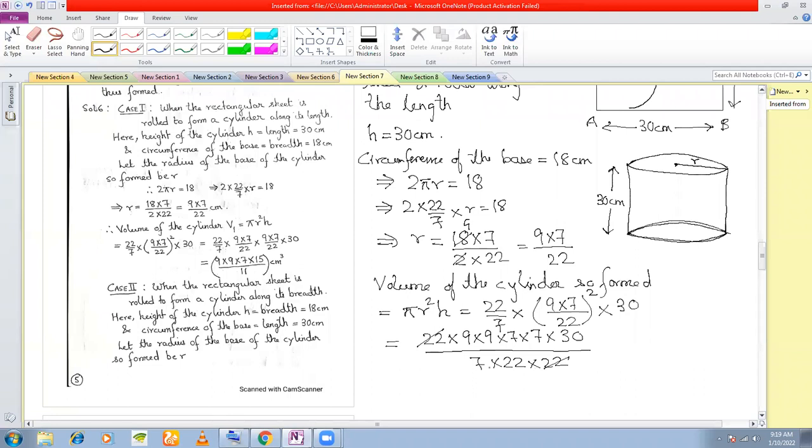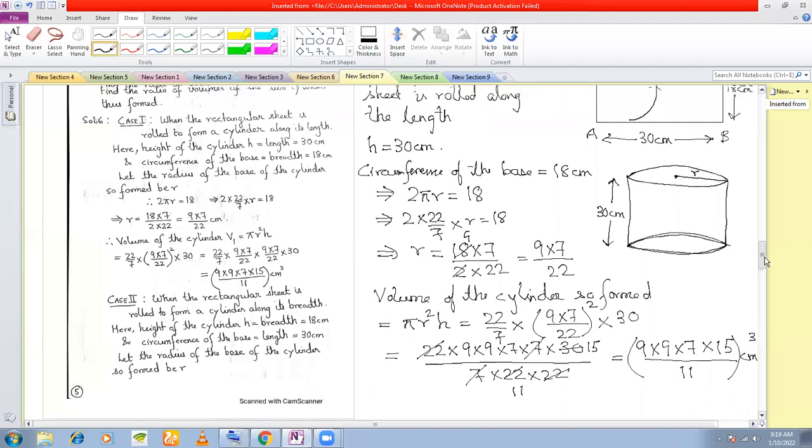You can cancel this 22, and you can also cancel this 30 15 times and this 11. This 7 will also cancel. So what you are going to be left with is 7 into 15 divided by 11. No further cancellations. So you call this centimeter cube. You don't need to calculate the volume because, as I told you, you need only to calculate the ratio of the volumes, right? So this is the first case.